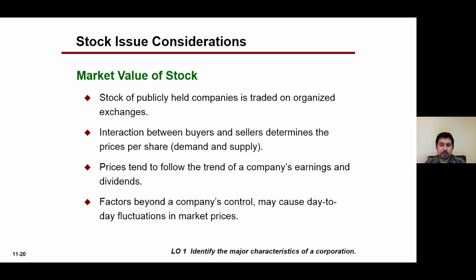For example, the price is mostly affected by the financial performance of the company, and some indicators such as the company's earnings, the earnings per share, and the company's dividends. And in addition to some factors that are beyond the company's control, such as a recession or something like that, those can also cause day-to-day fluctuations in the stock price.